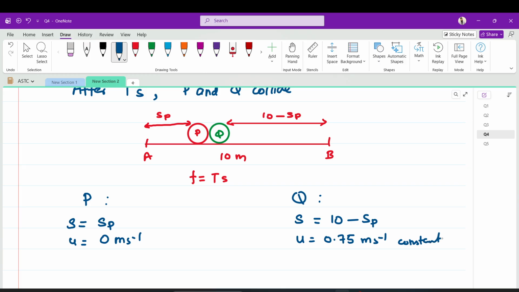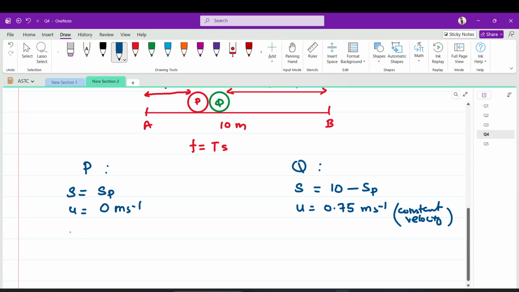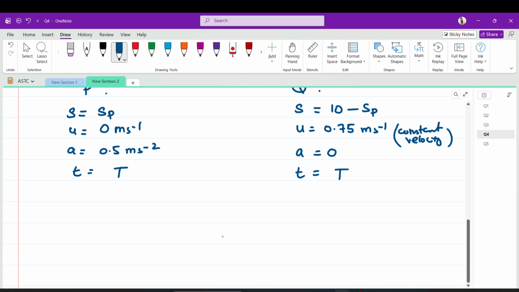Then for P, acceleration is 0.5 meters per second squared, and t is equal to capital T. For Q, acceleration is going to be 0 and t is capital T as well. So this is the data that we know.